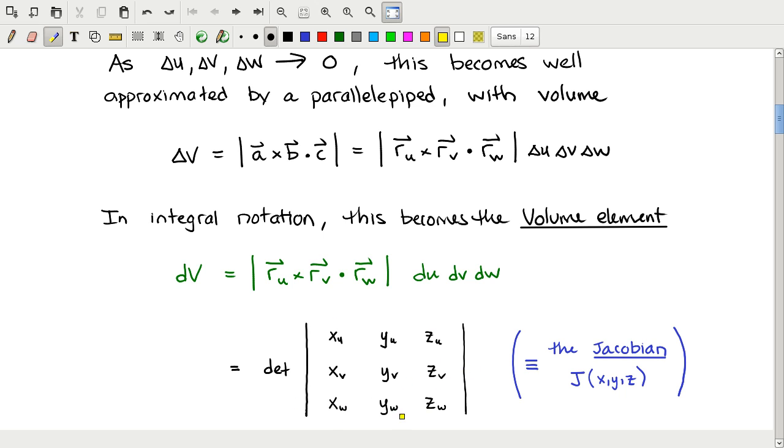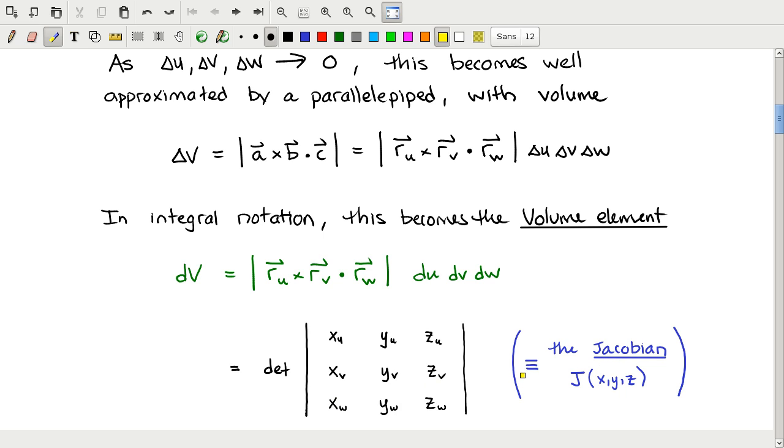And this object right here has a special name. It's called the Jacobian. So if you ever encounter this again, the phrase the Jacobian means I have three functions, x, y, and z, three variables u, v, and w, and I take one derivative of each function arranged in this manner, and that matrix is called the Jacobian.